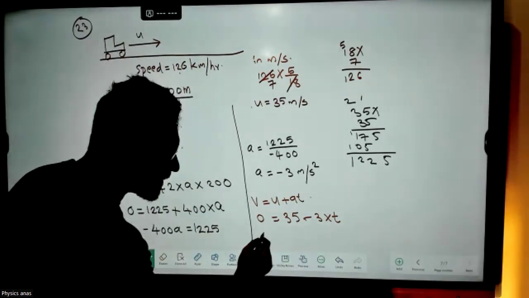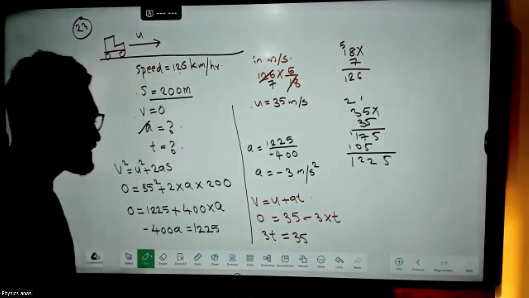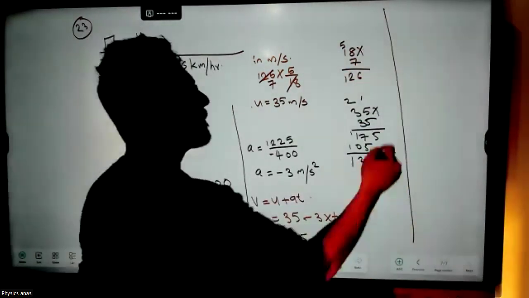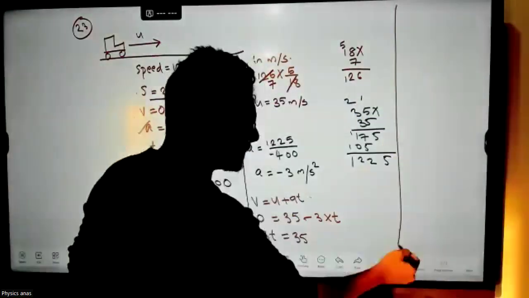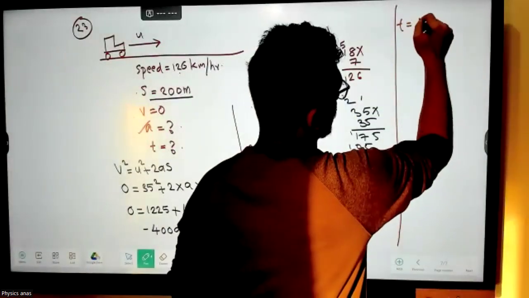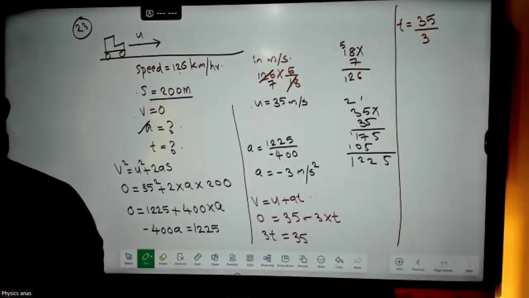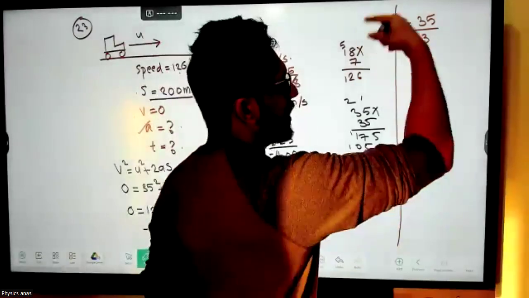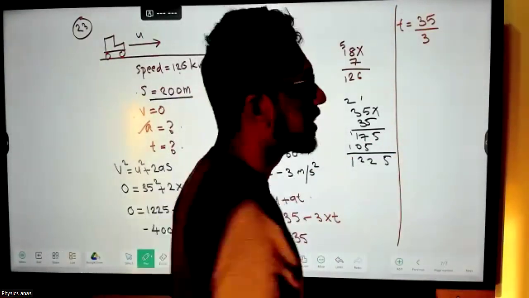Then what is 3T? 3T will be 35. Then what is T? T is 35 divided by 3. What is 35 divided by 3? 3 into 11 will be 33.